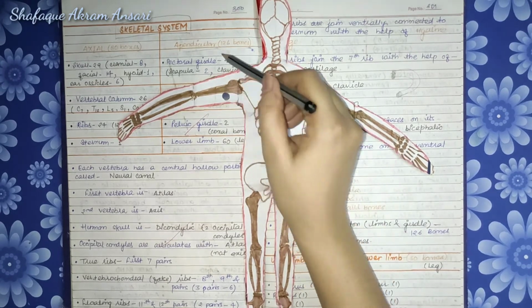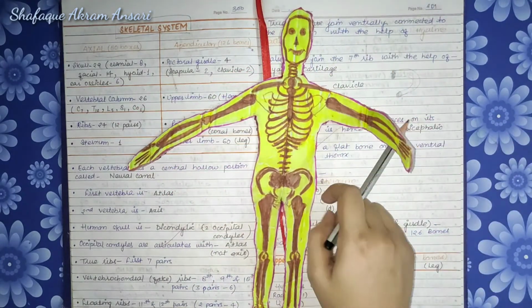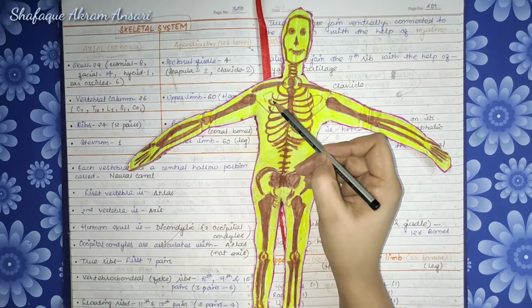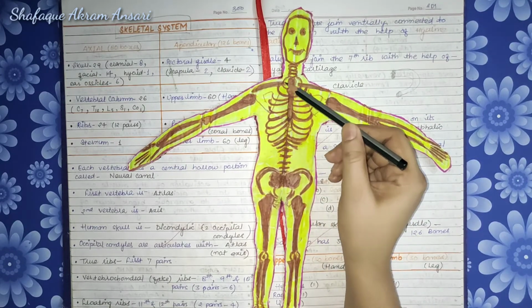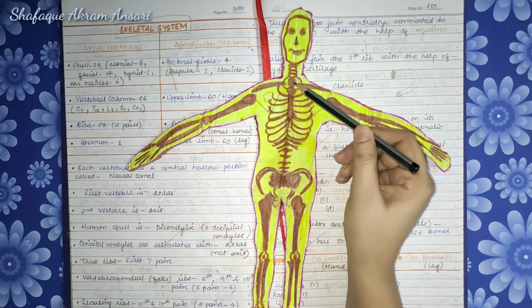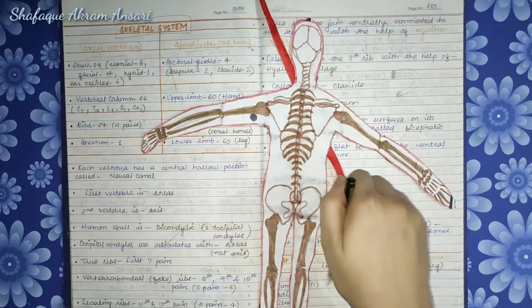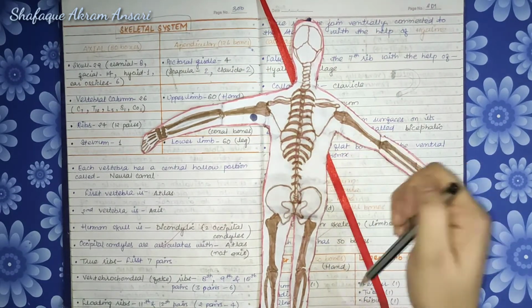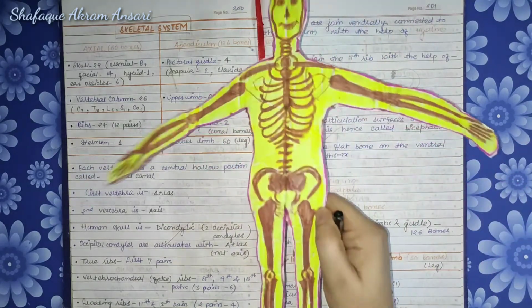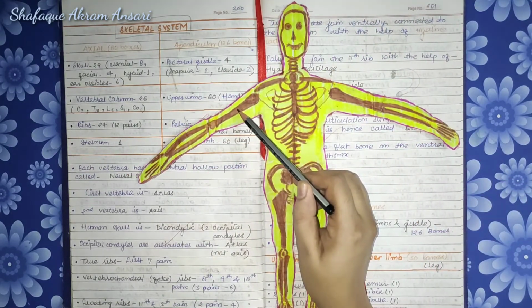Now coming to the appendicular portion, 126 bones there. Your pectoral girdle: 2 clavicles, that is your beauty bone or collarbone, and 2 scapulae. Arm bone: 2 humerus.